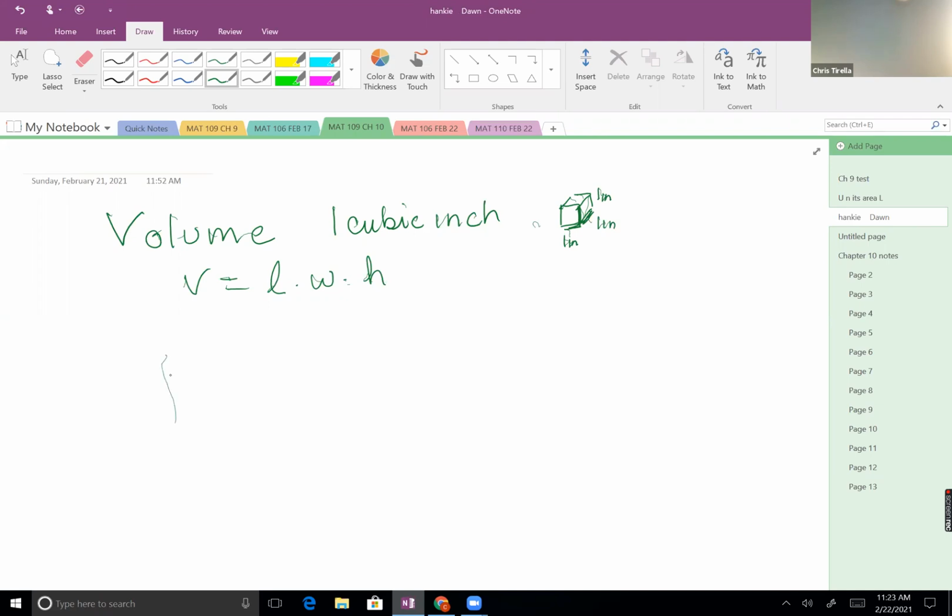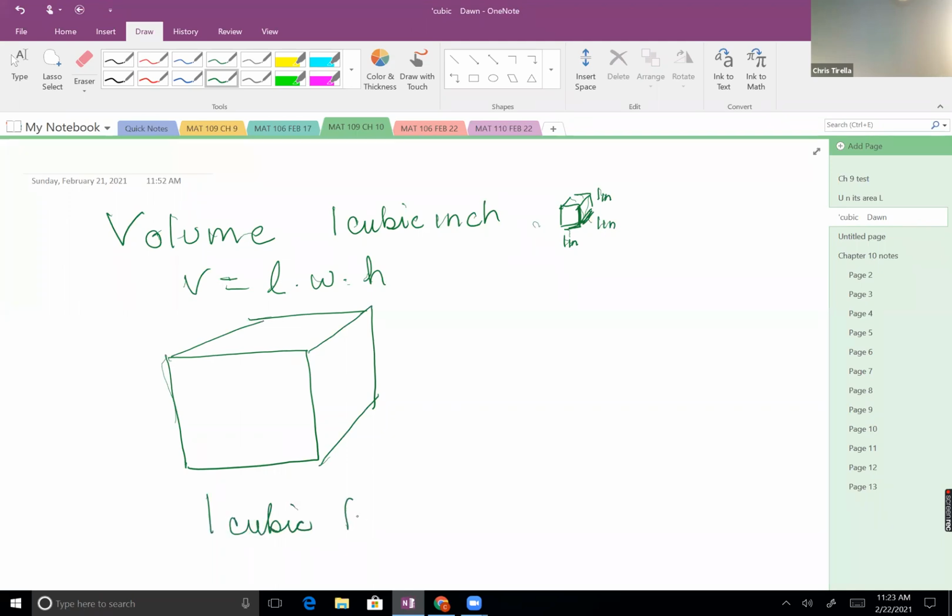And so if I wanted 1 cubic foot, and I wanted to know how many cubic inches are in there. And again, for cubic, we'd use that exponent of 3. Well, this would be 12 inches. Length, width would be 12 inches, and height would be 12 inches.